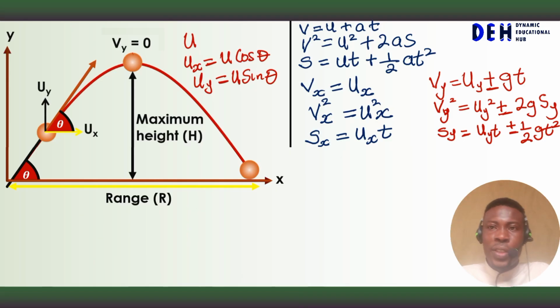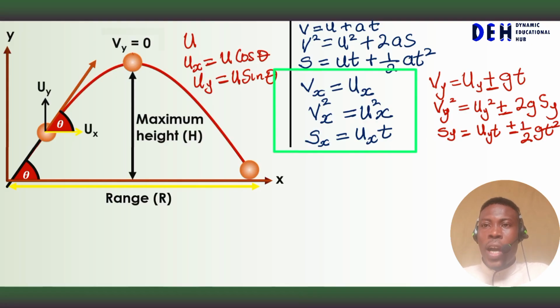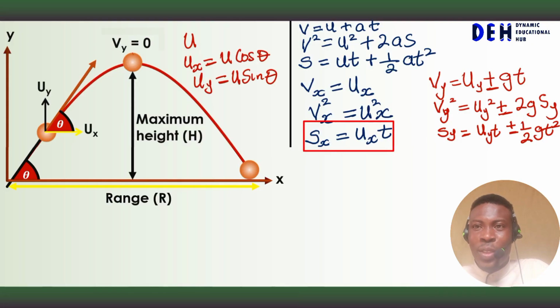Over to the range. How do we find the range? Very quickly, it's very simple. To find the range here, we see that range is the maximum horizontal displacement. So we are going to be using everything that pertains to X. Out of all these formulas, we can use this. Now just use this, don't stress yourself.